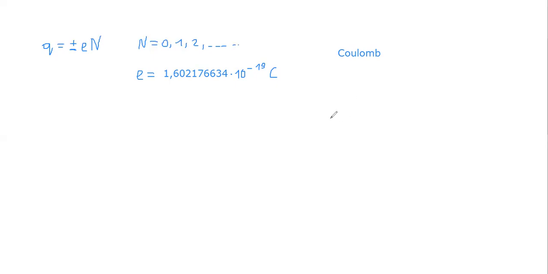And what else may you remember from school? More properties of electric charge. It is the law of conservation of electric charge. What does it mean?